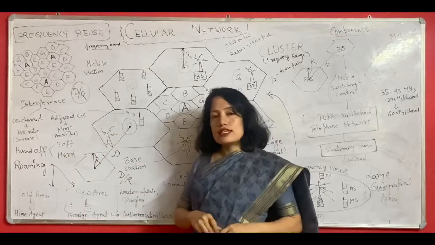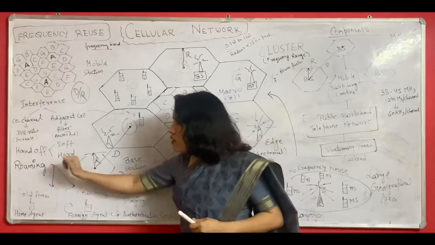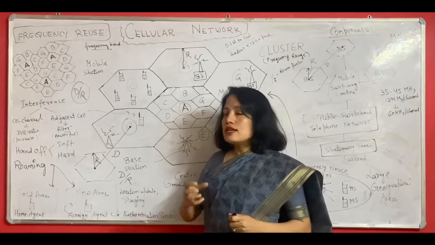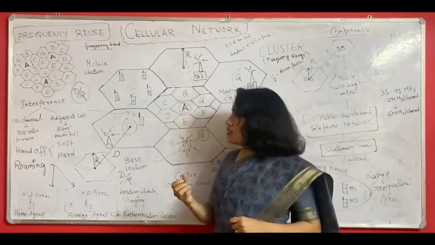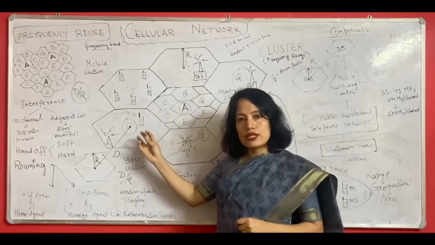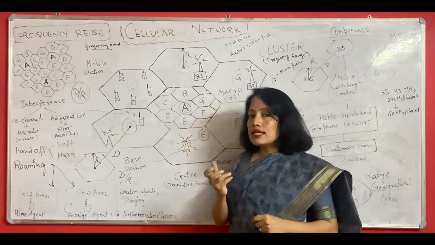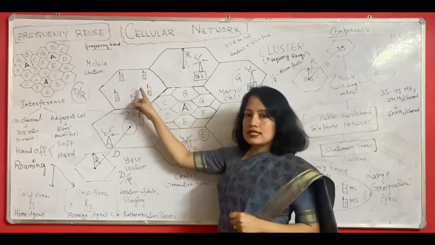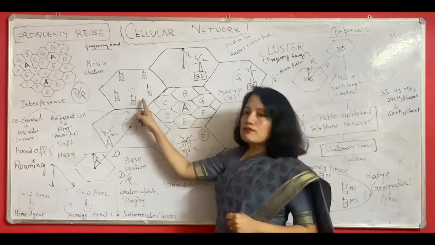Now next, two very important terms over here are called handoff and roaming. What is handoff? Whenever a mobile station moves from the area of one base station to the area of another base station, handoff occurs. Say the mobile station is in cell C, where the base station of cell C is serving this mobile phone.